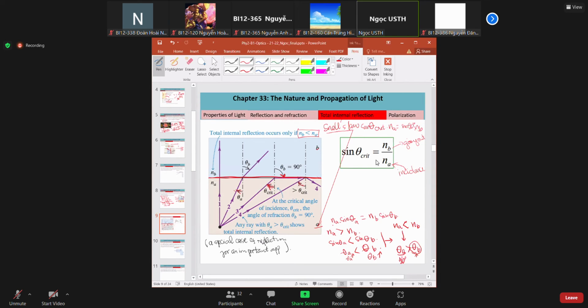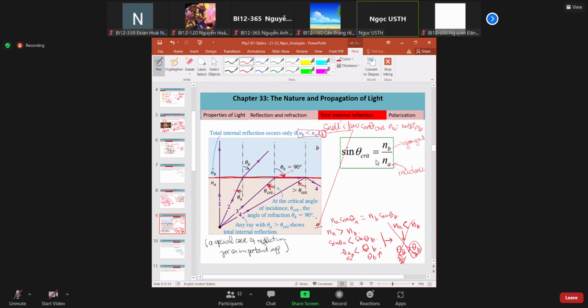Never, because it's smaller than theta A, so it never happens. It's maximum, just like this, never larger than 90. So the total internal reflection never occurs. So that's why this should be the first condition for total internal reflection to occur.